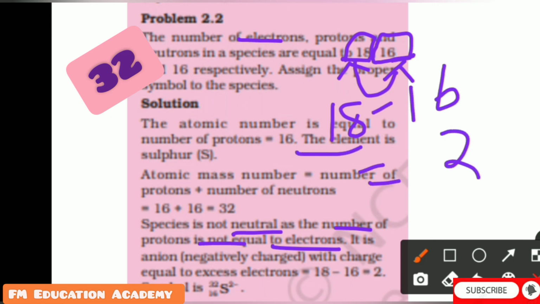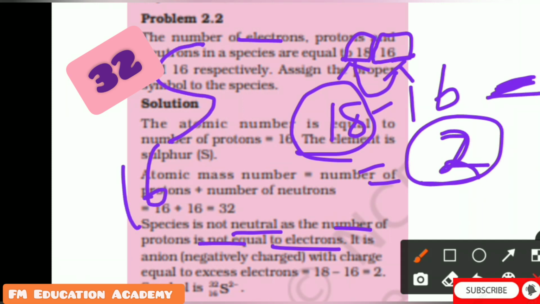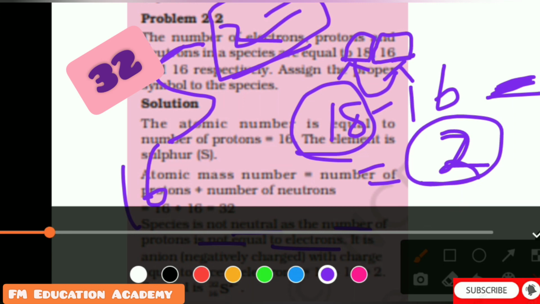As the number of electrons is more, the charge of the sulfur ion will be 2 minus. So we can write sulfur as 16, 32, 2 minus, and we can say that sulfur is negatively charged because here the number of electrons is more.